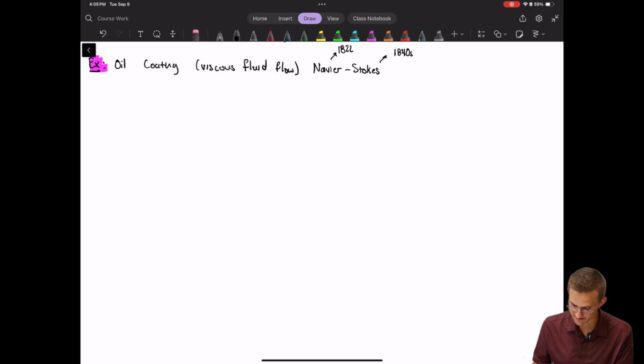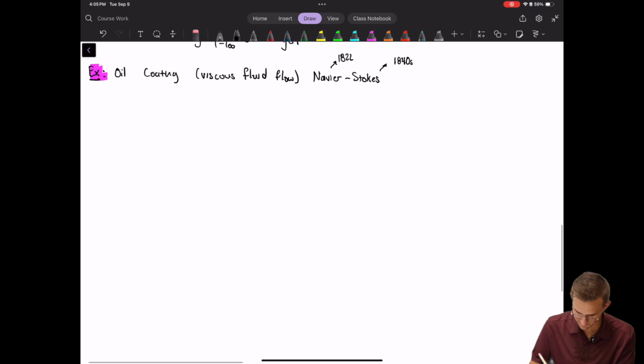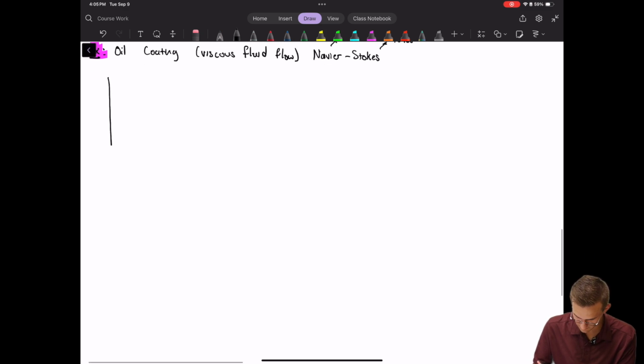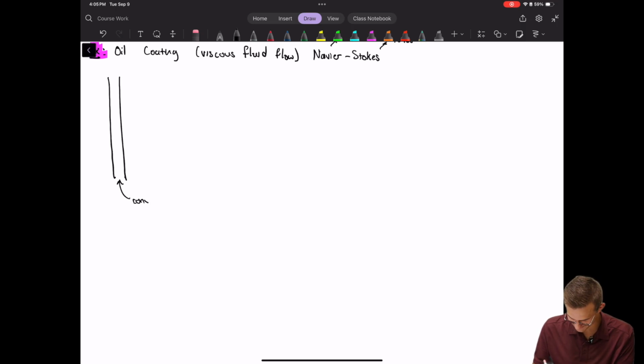But here's the situation that we wanted to describe here. So we have a conveyor belt. So that's what this is, to make it clear. It's a conveyor belt, and it's moving upwards, constantly.